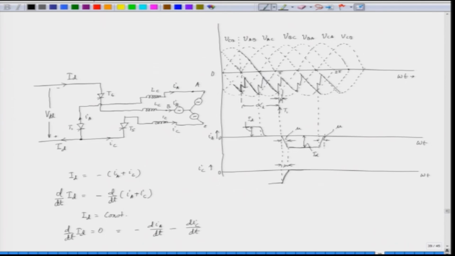So, this mu is also shown here, this is the commutation interval, that is mu. Now, if you start from this, we see that VAC is becoming positive here. So, this is the beginning of the reference from which we can trigger the SCR T1. So, this is the triggering angle, and the triggering can continue from this point till this point, and whatever is remaining here is called beta.